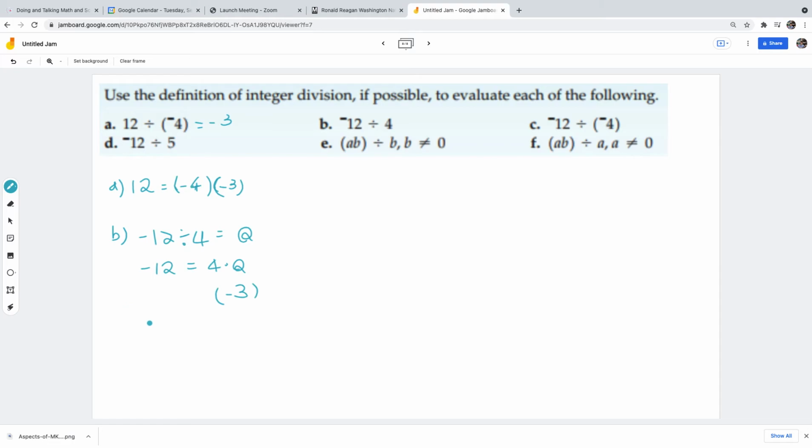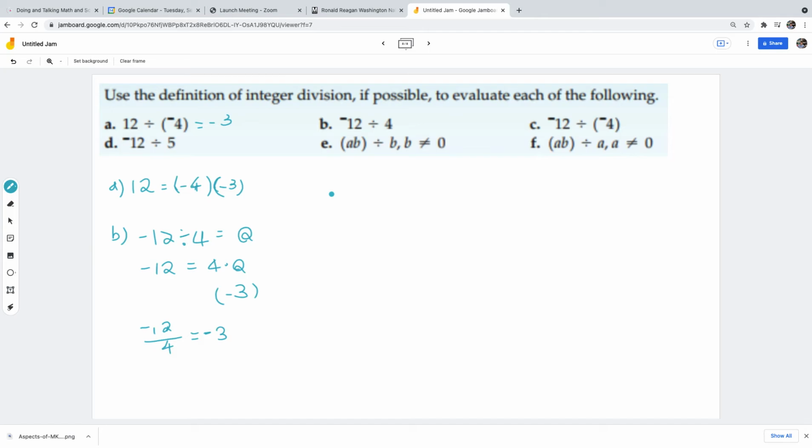Or you can think about it this way: 4 times what makes 12? 3, but it's negative, so it's negative 3. Later on, we're going to apply the rules: positive times positive is positive. So similarly, positive divided by positive is positive.